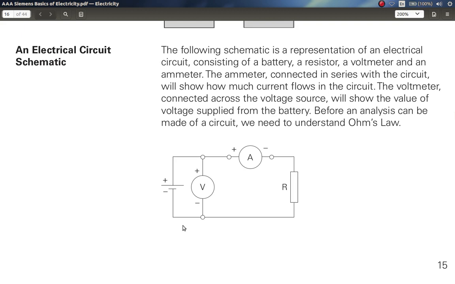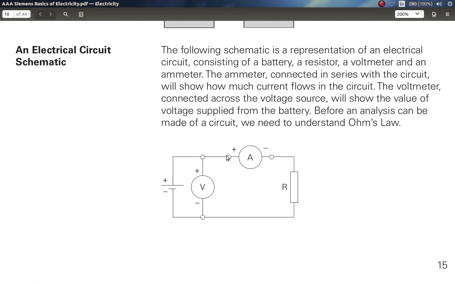We look at the schematic diagram of an electrical circuit. The following schematic is a representation of an electrical circuit consisting of a battery, a resistor, a voltmeter, and an ammeter.